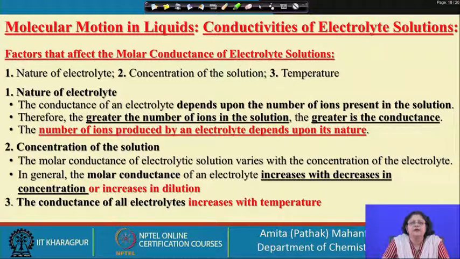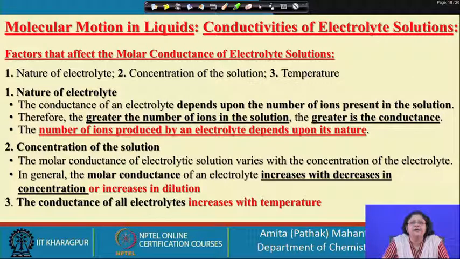In general, the molar conductance of an electrolyte increases with a decrease in the concentration or an increase in the dilution. Means what you are talking about is the more dilute we make it, the molar conductance is going to increase. This is a general perception. We are going to look into specifics in a while.